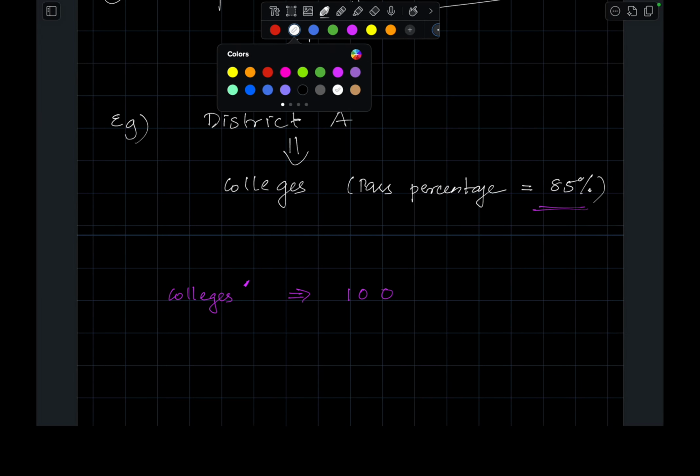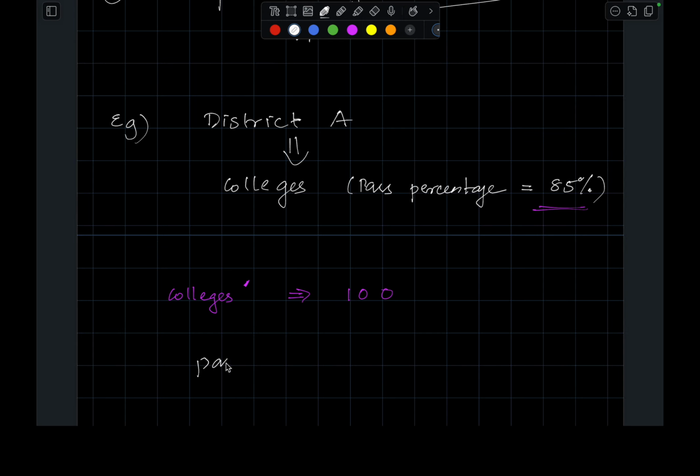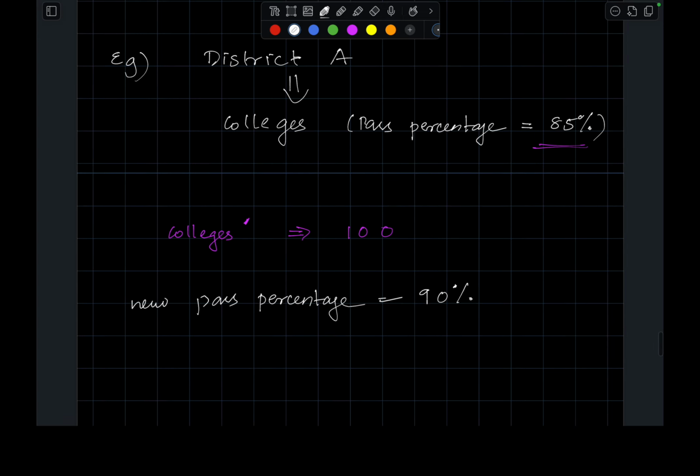and then we found that the pass percentage has changed to a new pass percentage, which is nothing but 90 percentage. So this is a case, and it also says that the standard deviation here is 4 percentage.